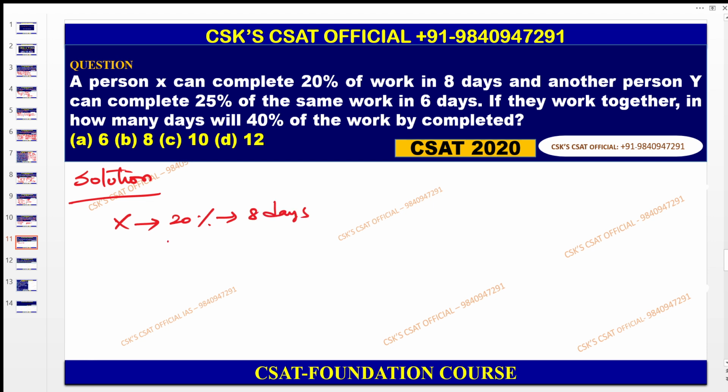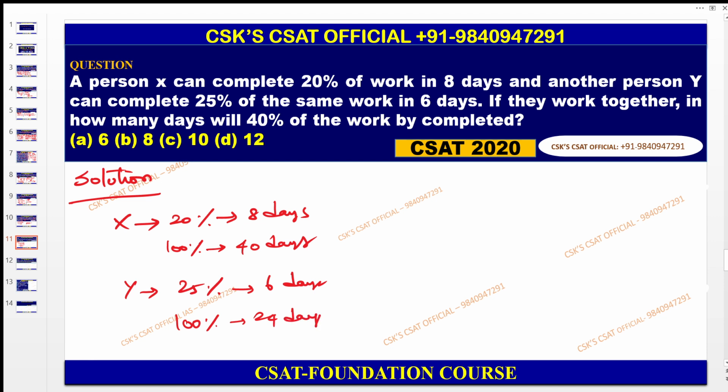So 100%, which is the full work, is multiplied by 5, so 40 days. Now Y completes 25% in 6 days, so 100% in 24 days. Now take the LCM of 40 and 24. We can find out the total work. So the total work here is 120. This is nothing but the total job.